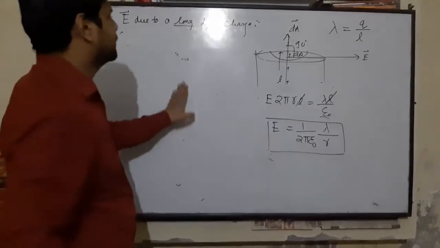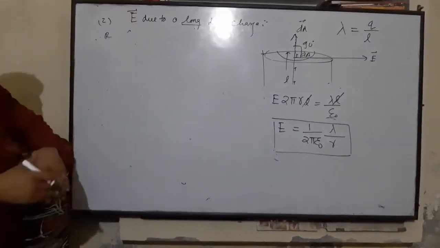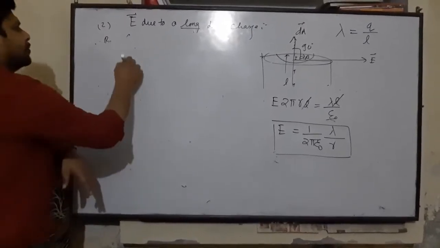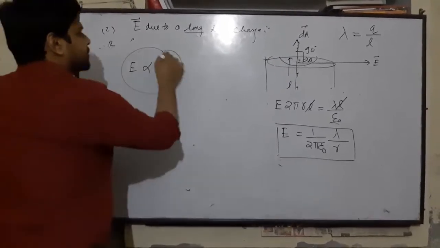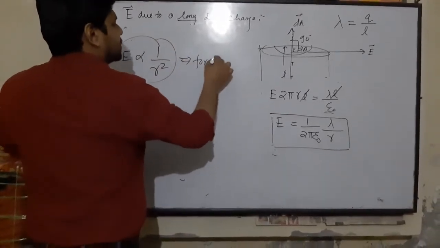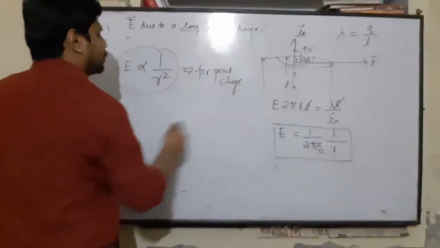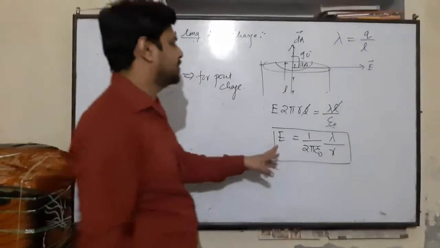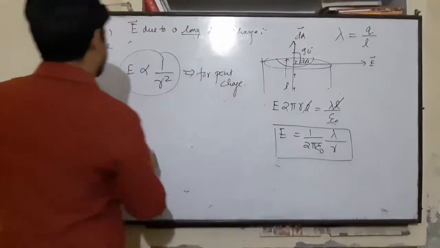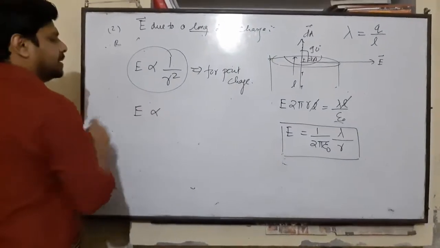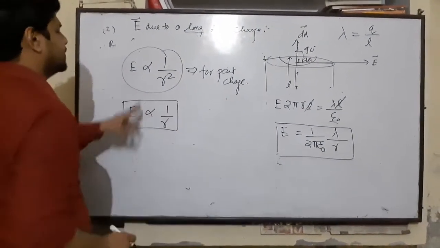If you see, we have calculated intensity due to a point charge, which follows the inverse square law. E is inversely proportional to R square. This is for a point charge. But this formula is for the intensity of electric field due to a long infinite line charge, and E is inversely proportional to R. Always remember this.